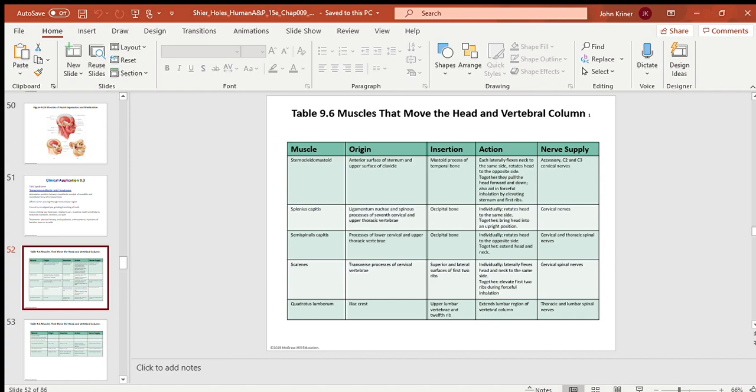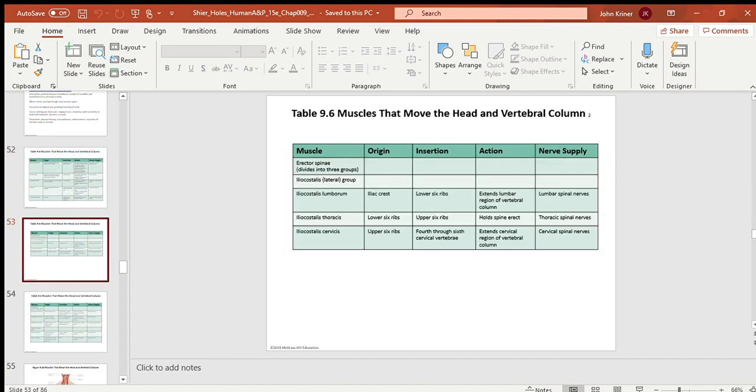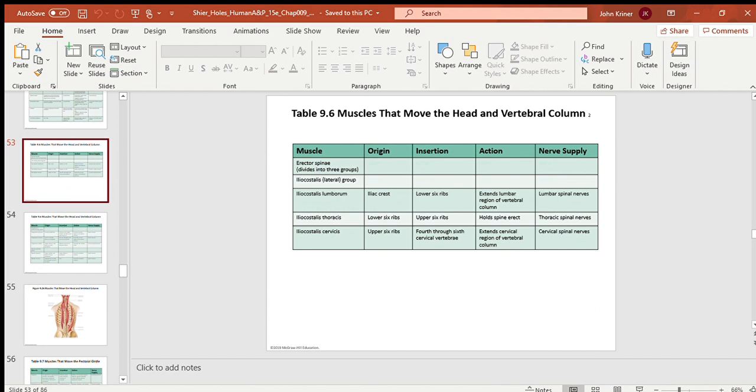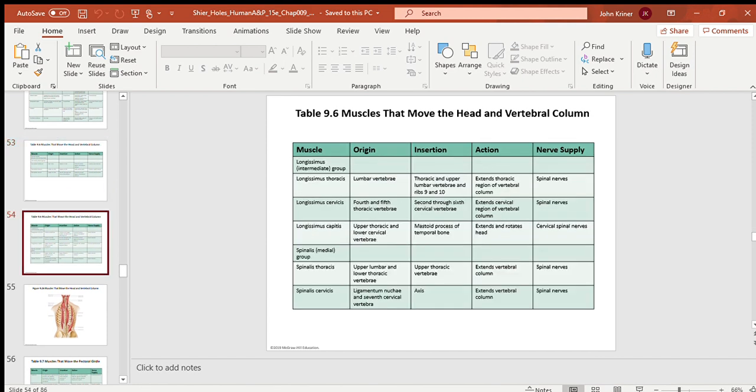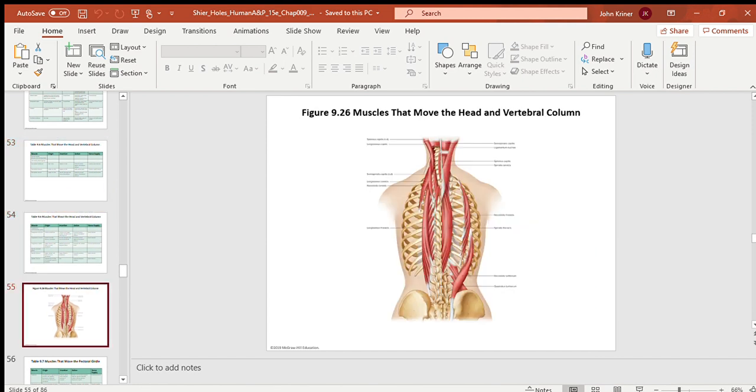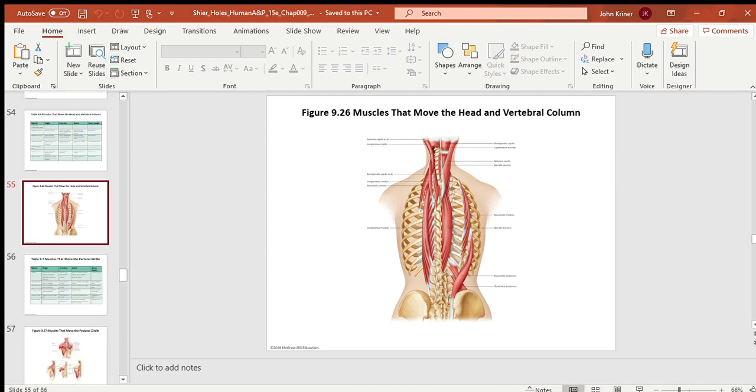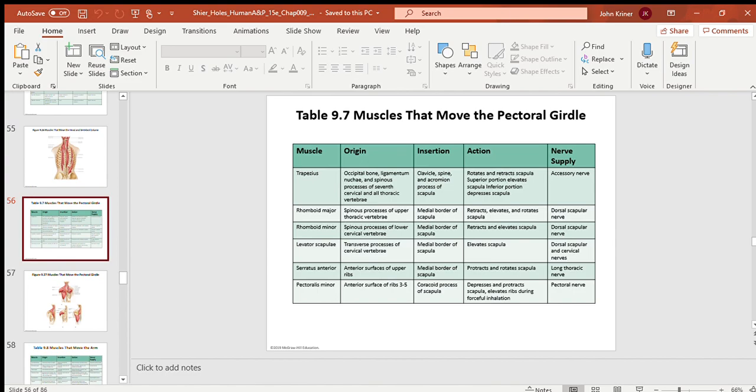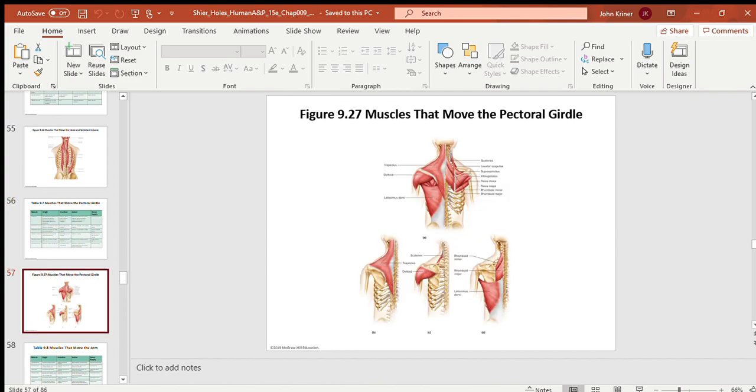Okay, muscles that move the head and vertebral column. Origin, insertion, action, and nerve supply for all of these. And there's the image. And then we have the muscles that move the pectoral girdle. And there's the image.